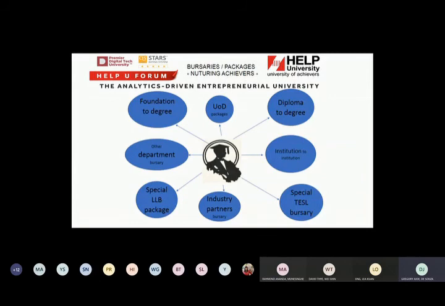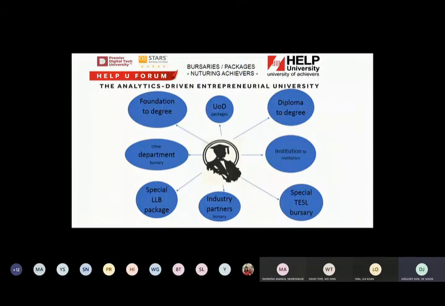We also have industrial partners, whereby if you come from a particular industry or institutions or industrial partners, we give a special bursary. That means students who come from this particular platform, they could be children of employees in a particular industry.